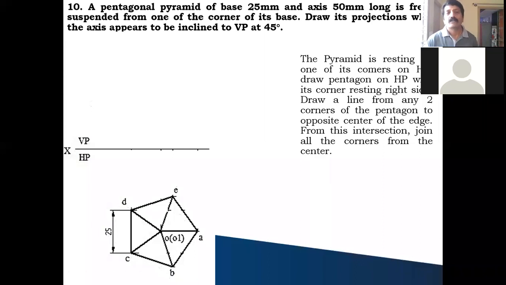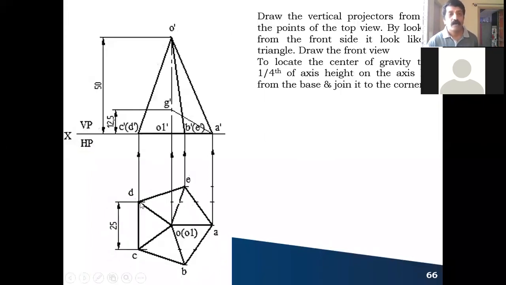After doing this, the front view is the same as in the 3-4 cases we have drawn. How to draw the front view? You draw vertical projectors from all the points of your top view till they meet the XY line, and then extend the axis point vertically upwards. Axis height how much has he given? 50 millimeter.